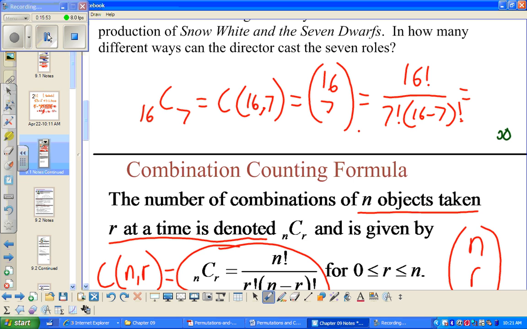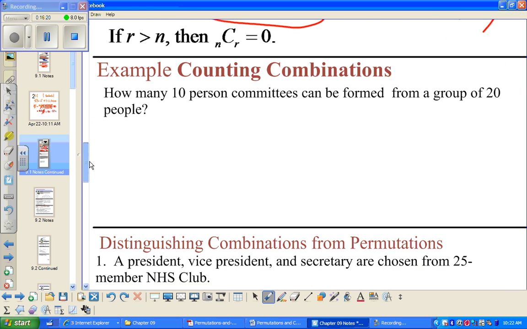And that answer would be substantially less because you're dividing by more. The specific roles in the first one really increase the number of possibilities. 11,440 different combinations of actors could have been cast for this choir job.